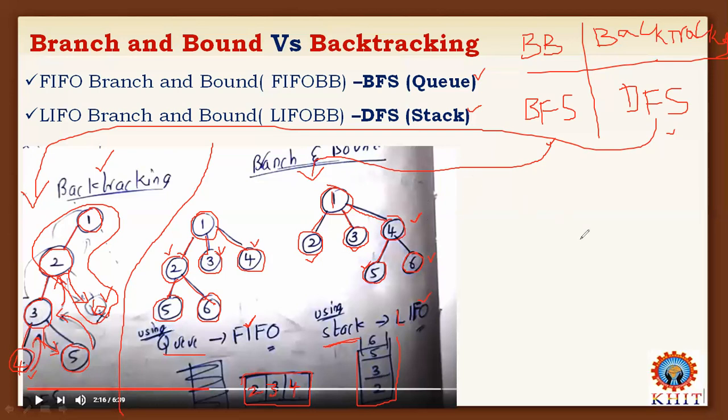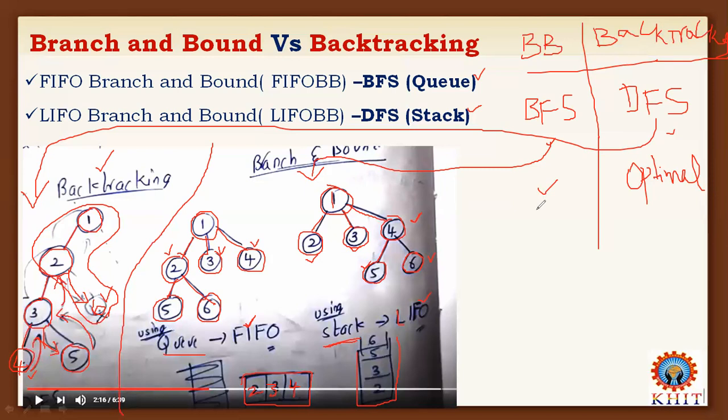So the main difference between backtracking and branch and bound is that in branch and bound we use BFS, and in backtracking we use DFS for constructing the state space tree. And backtracking is focused on optimal solutions, whereas branch and bound focuses on minimization problems, that is optimization problems, always trying to minimize the solution.